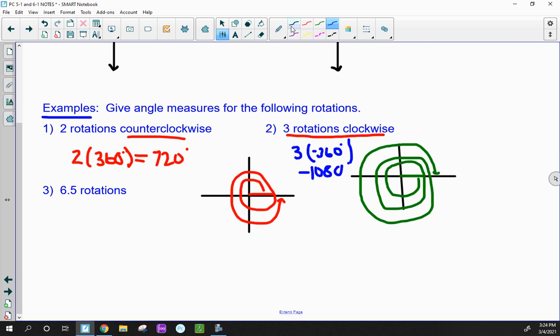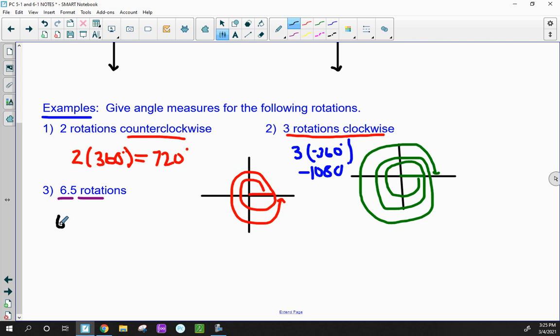Okay, question 3. We have 6.5 rotations. Notice that in number 3, I did not tell you the direction. Anytime that the textbook does this, make sure that you keep in mind that you're to assume it is counterclockwise. So anytime they do not tell you, it is counterclockwise.